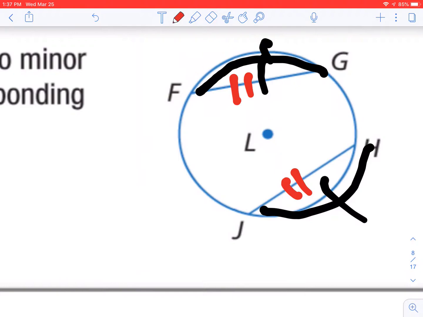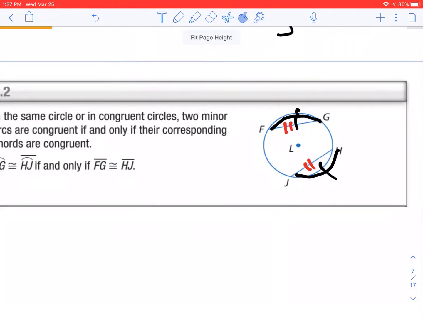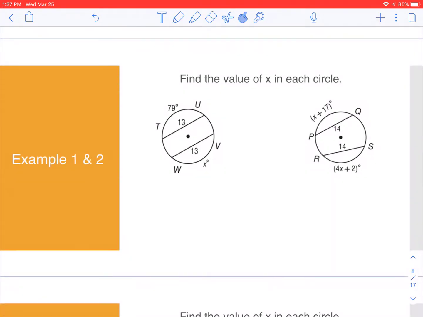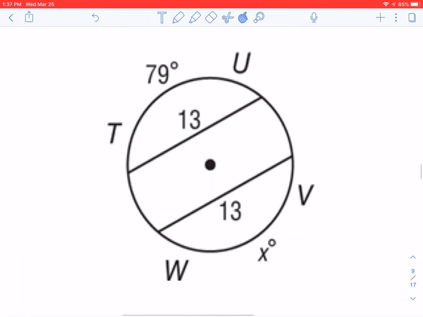So the arcs are only congruent if these two segments are congruent. I'll show you what I mean in this example. Okay, so check this out. I'm going to zoom in on each one. It's just easier to draw on.